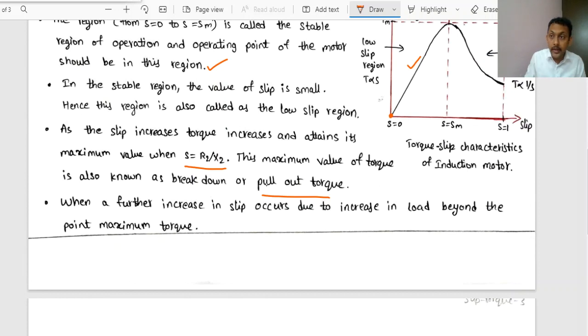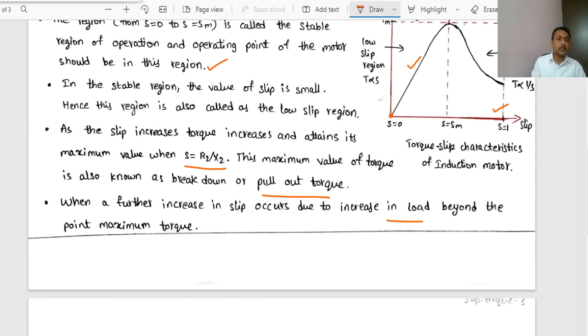Now with the further increase in the slip, if you try to make the value of slip equal to 1, there is a chance for the slip to become 1 if there is an increase in the load beyond the maximum torque.